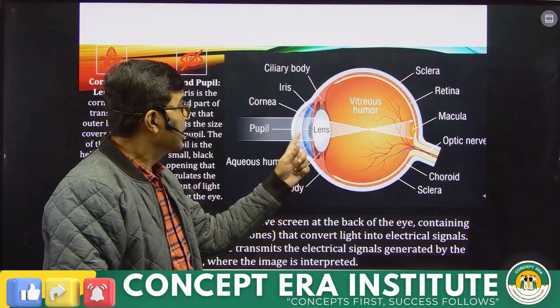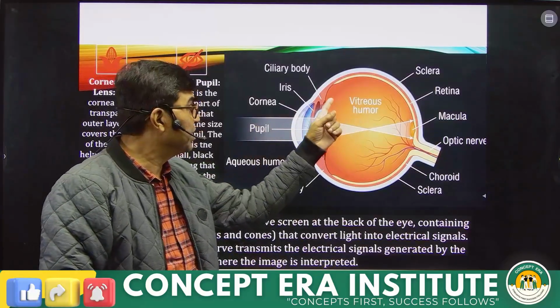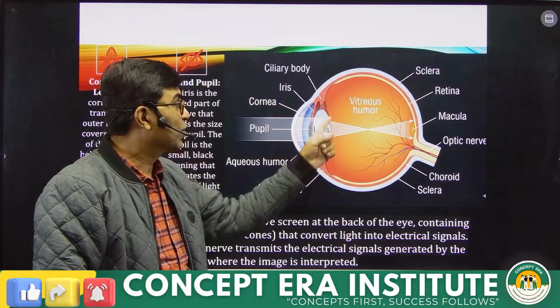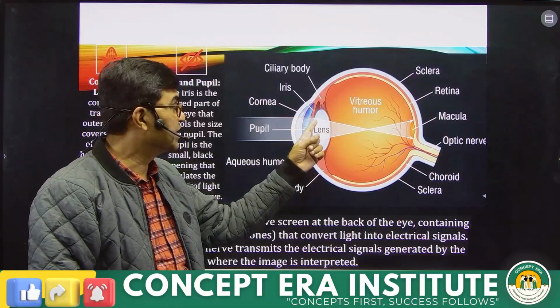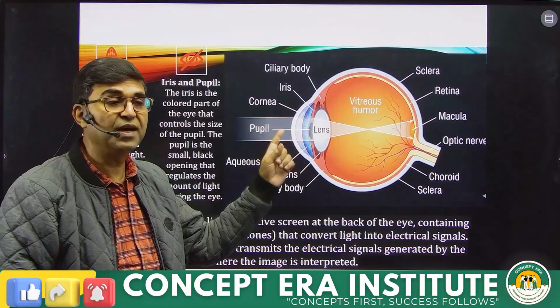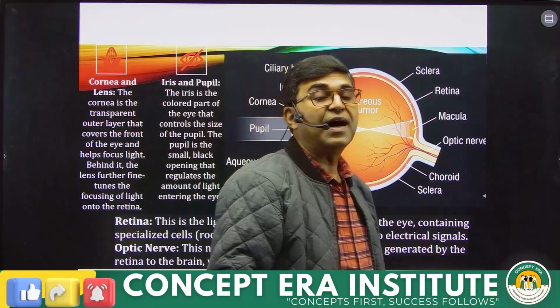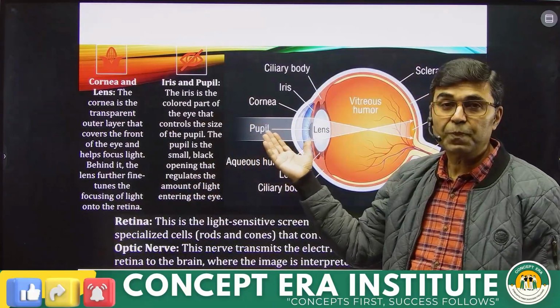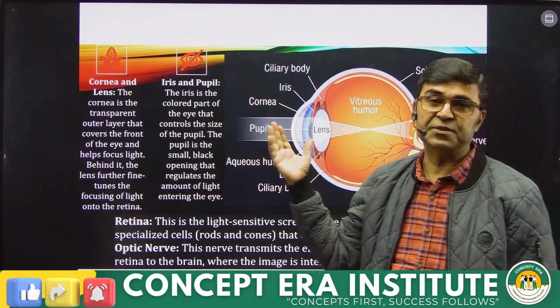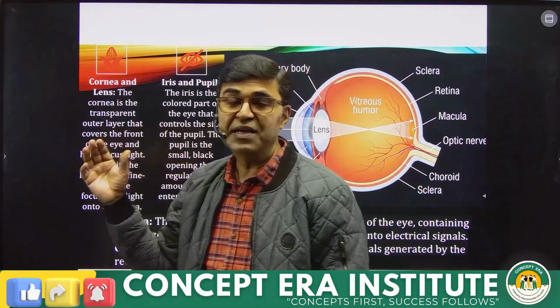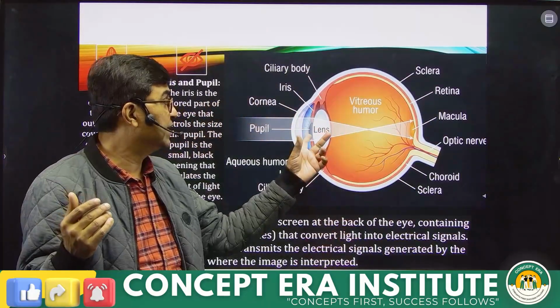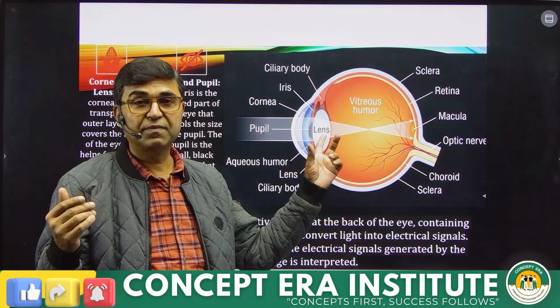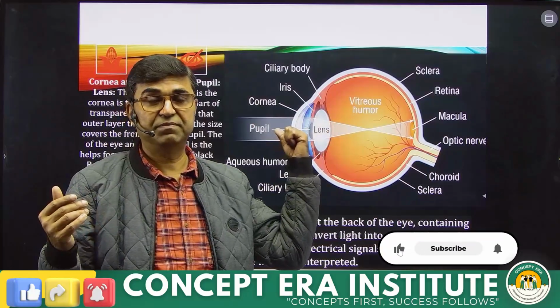Now, if we go further, we come across a convex lens. This is called the crystalline lens or the eye lens. The eye lens is actually made of a gelatinous substance. And unlike the normal lenses, this lens is quite different. It can change its shape. How?